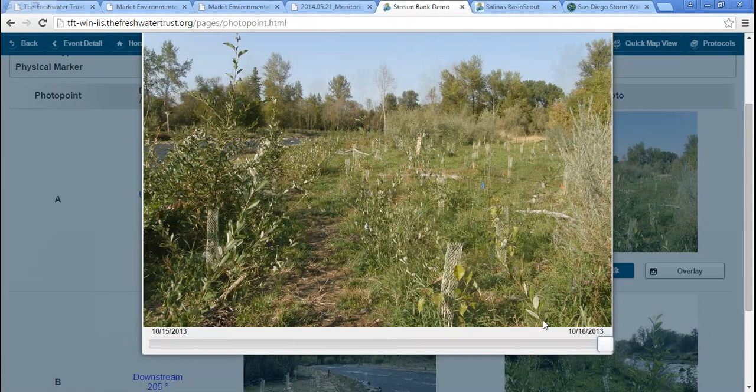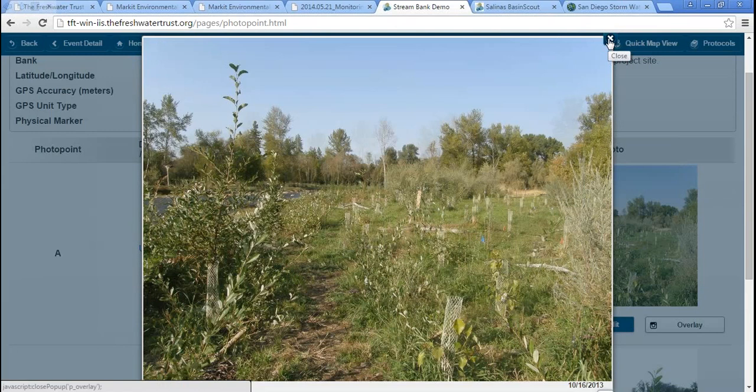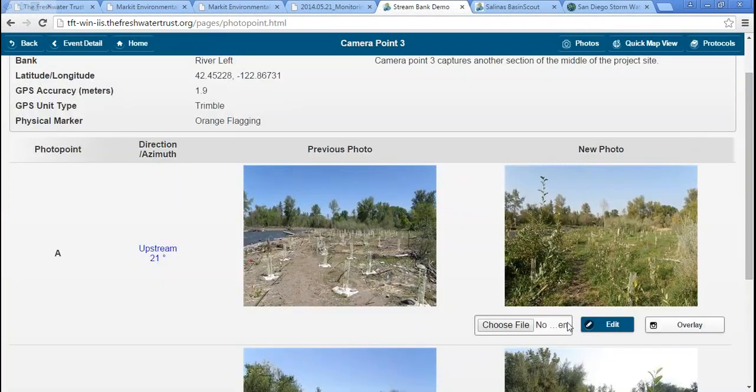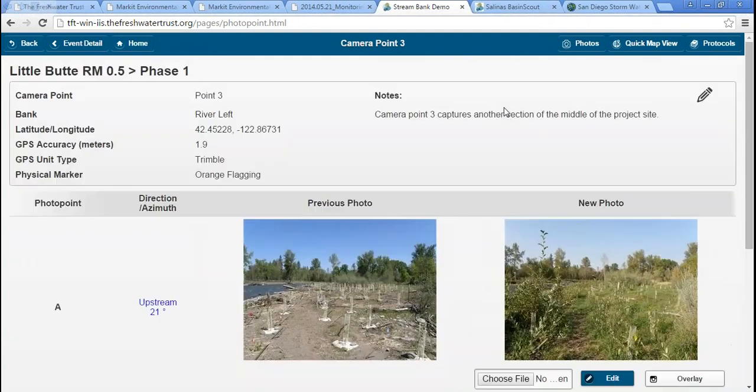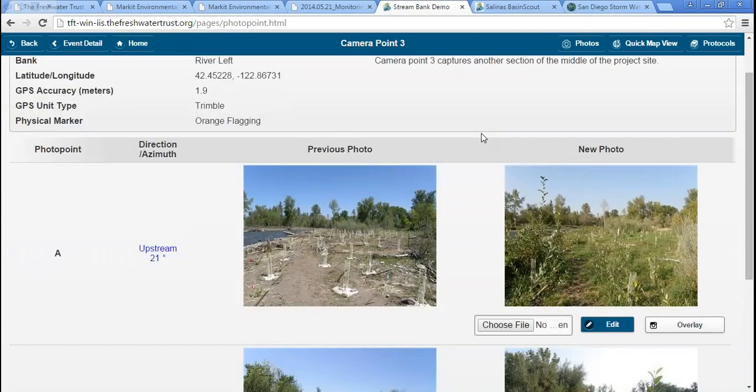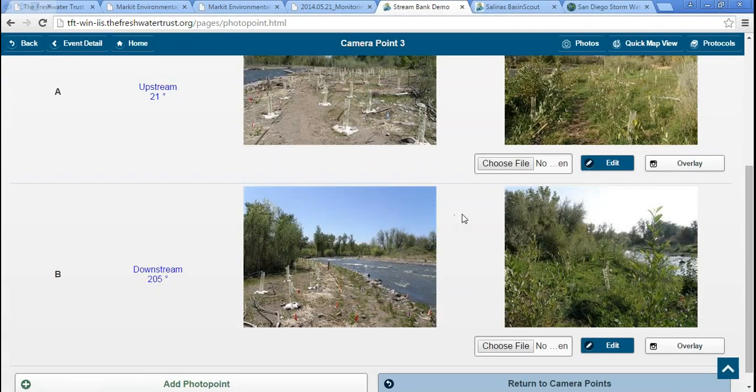We have a lot of excellent growth, and with the iPad, we can take the exact same picture very, very consistently year after year, and line everything up in a way that we wouldn't be able to do as easily if we had to bring out printouts of each different photo point into the field and consistently try to take that same photograph every single year. So really just a number of useful features that you get when you switch over to using something like an iPad to collect your field data.